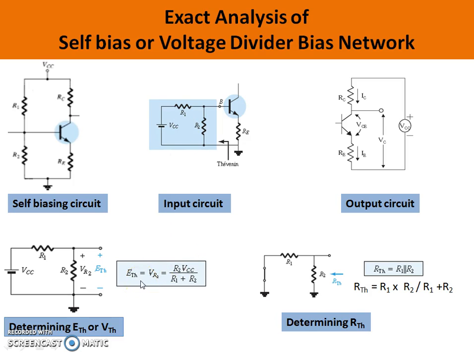The Thevenin's voltage source can be found as R2 divided by R1 plus R2 into VCC, whereas Thevenin's resistor can be found as R1 parallel R2, that is R1 into R2 divided by R1 plus R2.